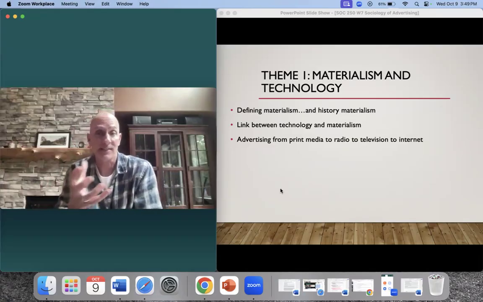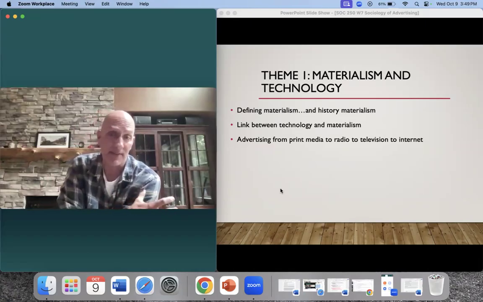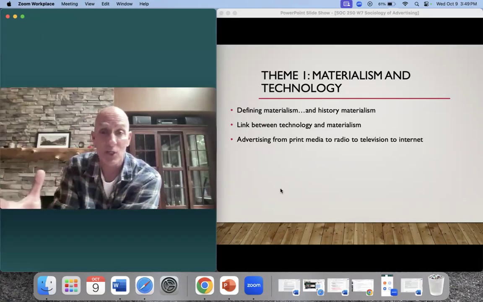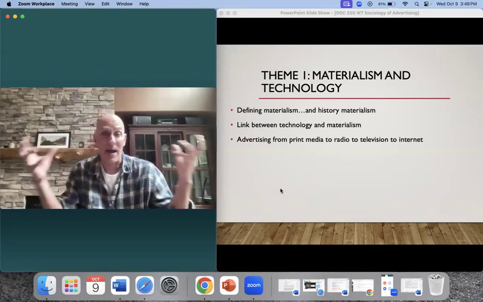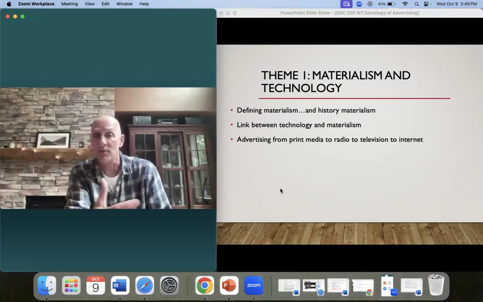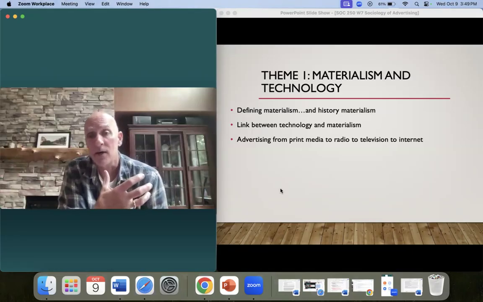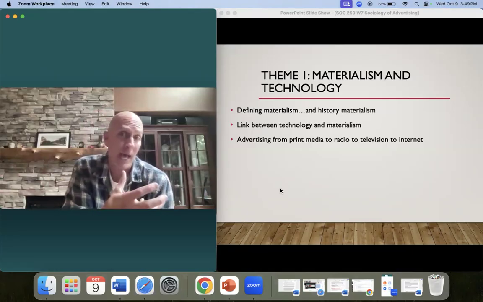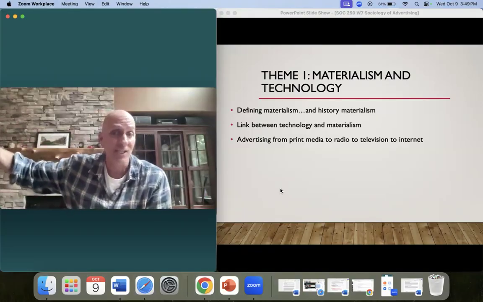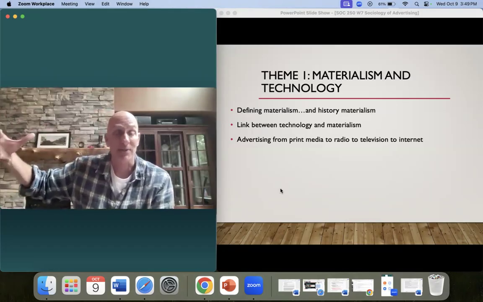Even today, if you go to a marketplace in a place that doesn't have these modern capitalist systems, people are buying and selling goods for sure, but you don't have this mass production at the same level. And so the role of marketing and advertising emerges with the development of industrial capitalism. And then it has different iterations depending on the changing economic structure. So we're going to talk about early and late capitalism.